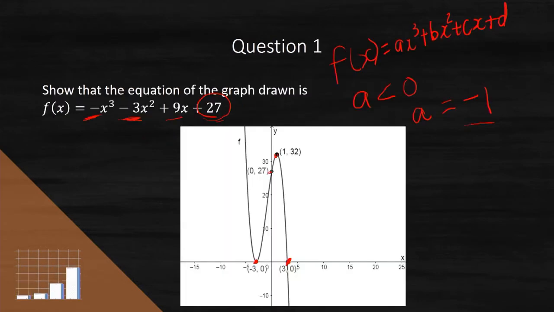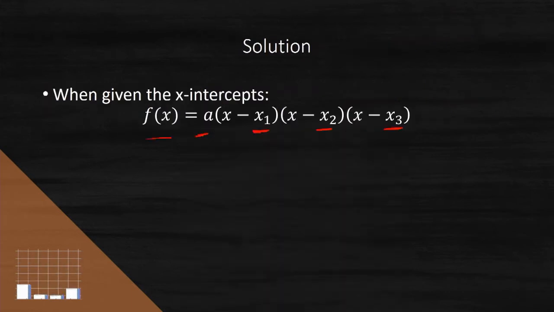Now guys, when you have a graph like we have here, where the turning point is actually an x-intercept, you will substitute x1 and x2 with the same value because it occurs twice. All right, you'll see what I mean when we do the question.